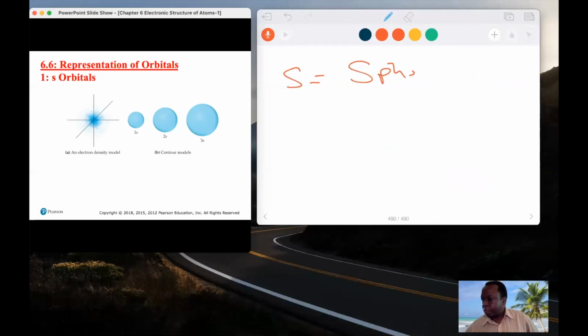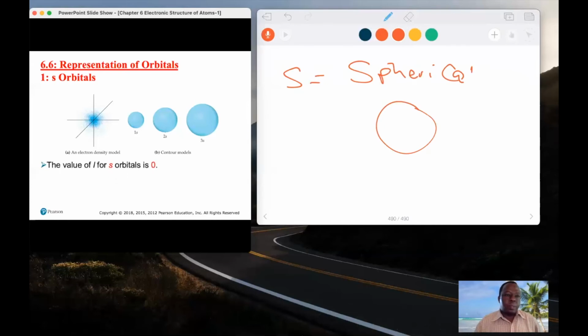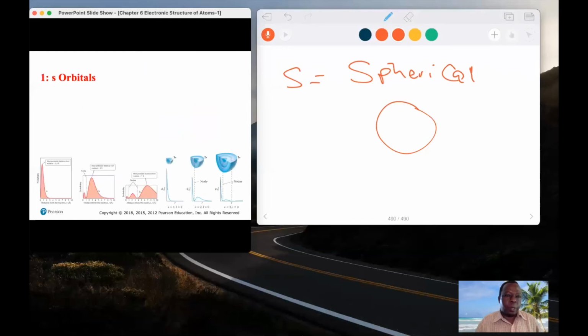The s orbitals are spherical, like that. Whereas you see this spherical, it is like a sphere. Dumbbell for the p orbitals.